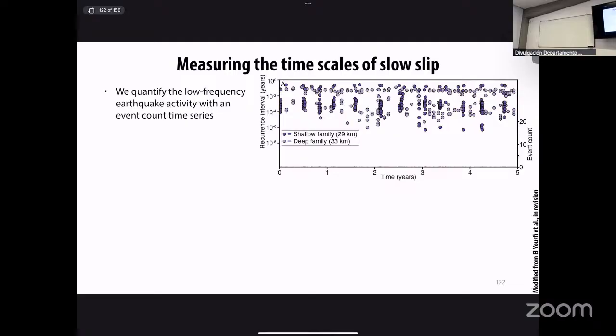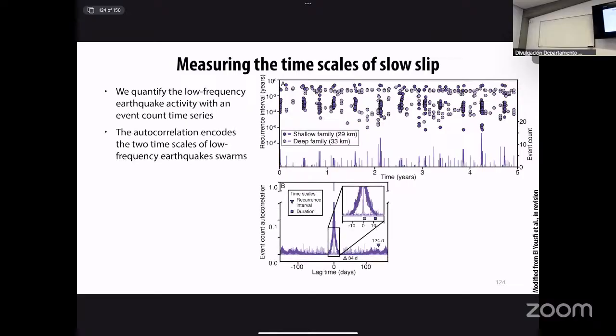But what we can do is quantify this behavior by just counting the number of LFEs in a given time bin. So we're just counting, I believe here it's every 4 hours or 6 hours or something like that. And so you get this messy, what we call the event count time series, on the bottom of that plot. And we get one for each of these families.